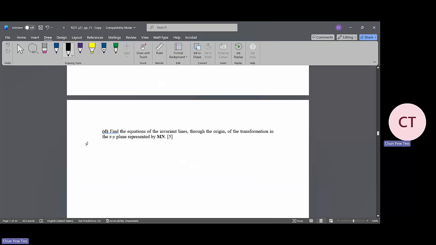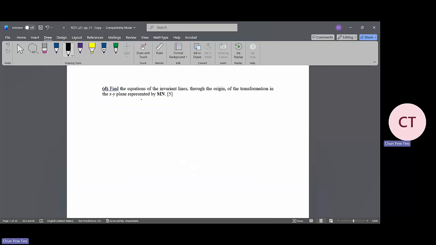Move on. We are going for D. We want to find the invariant lines through the origin of the transformation in the xy plane represented by MN. So what you need to do is let the invariant line be y equal to mx. Then it will become y prime equal to mx prime. So MN is 1, 1, half, half.